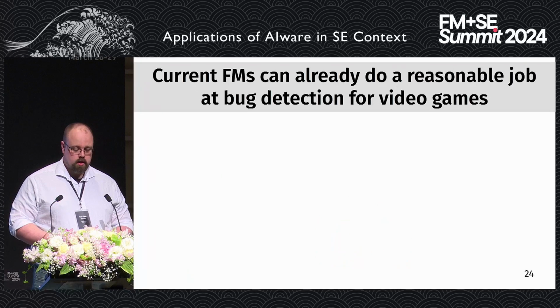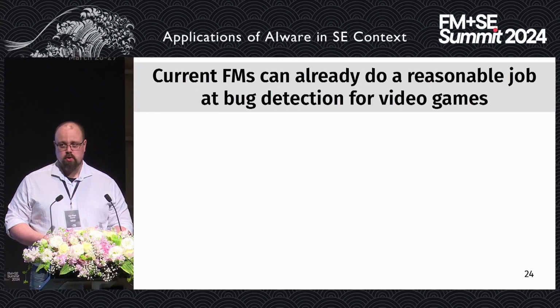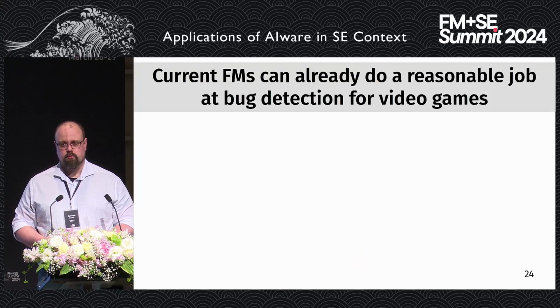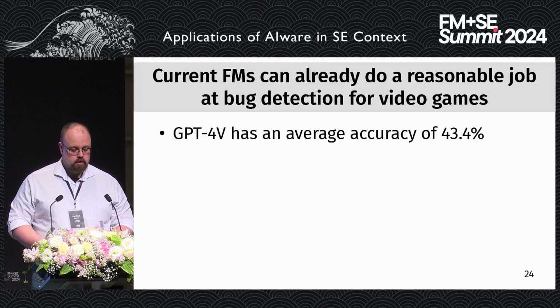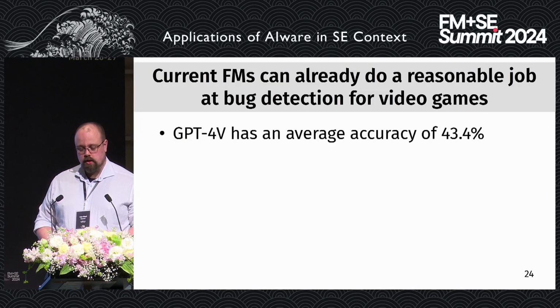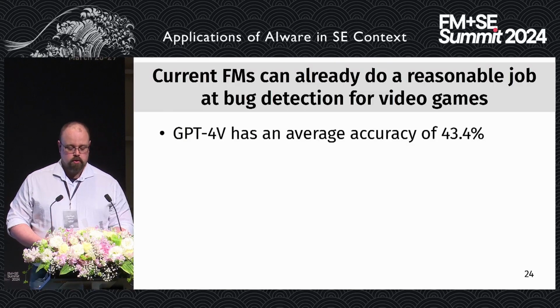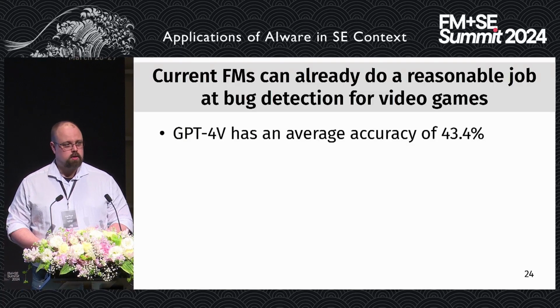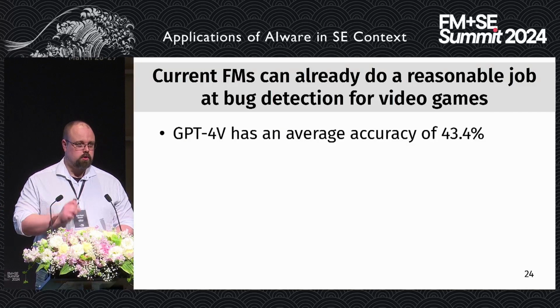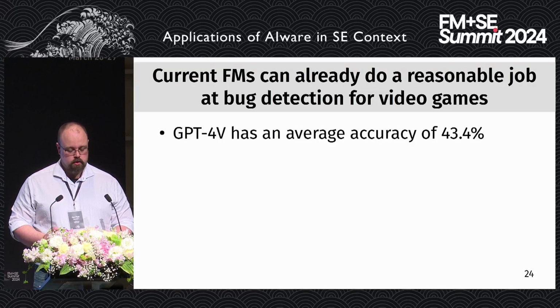So what we learned is that current foundation models can already do a quite reasonable job at bug detection for video games. So GPT-4v has an average accuracy of 43.4% on the data. Okay, so the average accuracy is the average over that first and second question that we asked it.